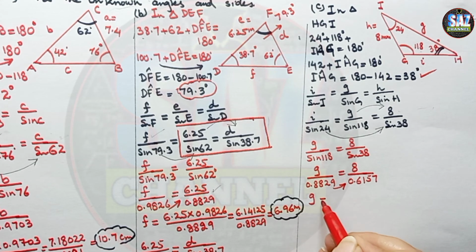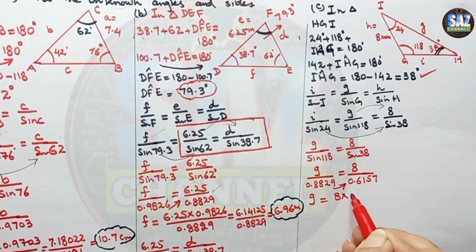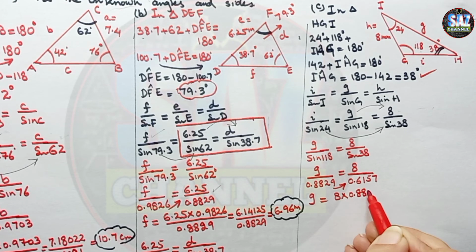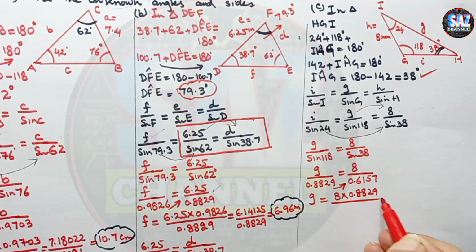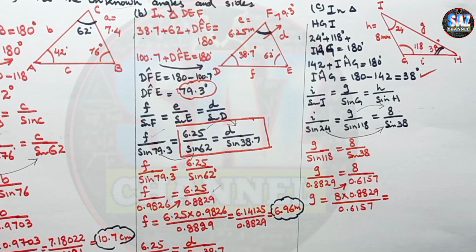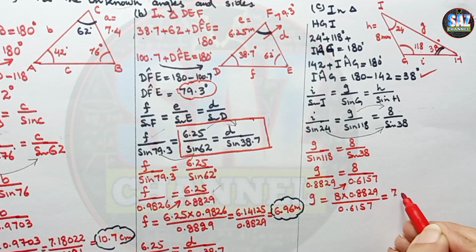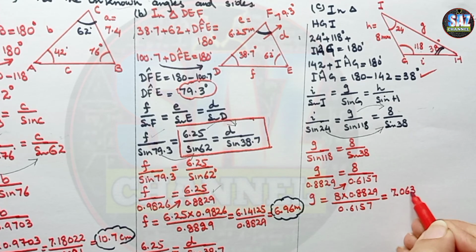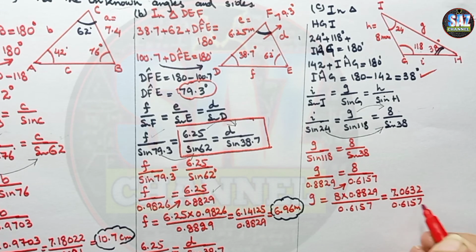Now I have to shift this 0.8829 to the other side, and the equation will take the form g equals 8 multiplied by 0.8829 upon 0.6157. First of all, multiply 0.8829 by 8 carefully, and this comes to 7.0632 upon 0.6157.